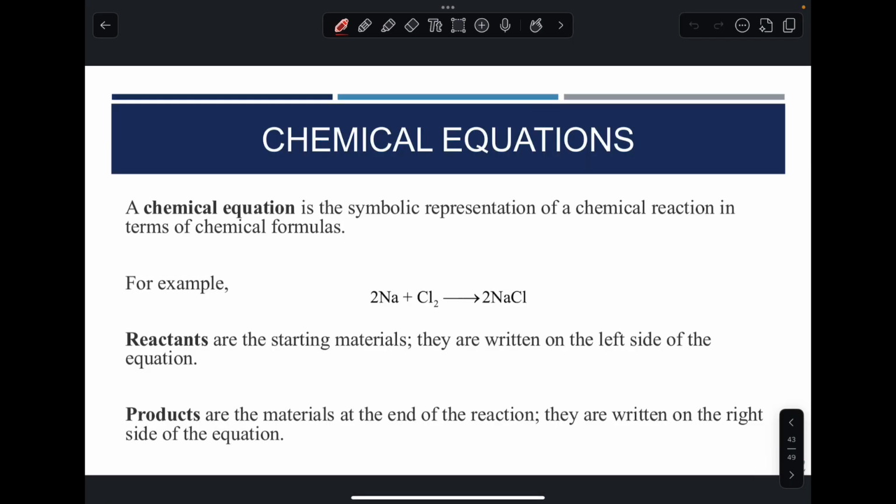Okay, so for chemical equations, this is what we are going to be talking about today. A chemical equation shows you exactly what's going on in a chemical reaction. If you take two different reactants, that's going to be these right here. Your reactants are going to be on your left-hand side, and your products are going to be on the right-hand side.